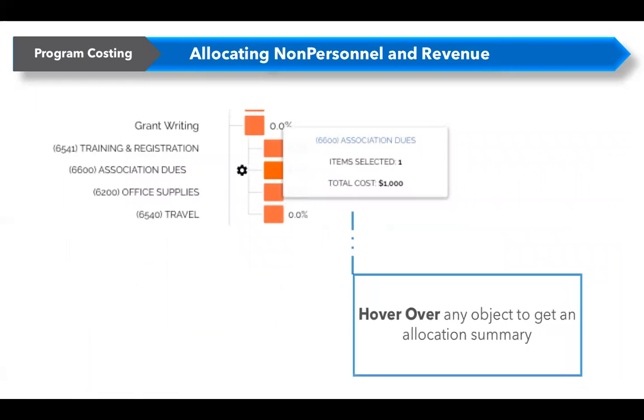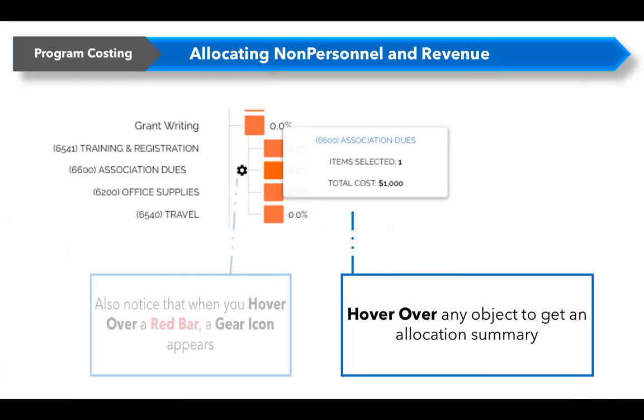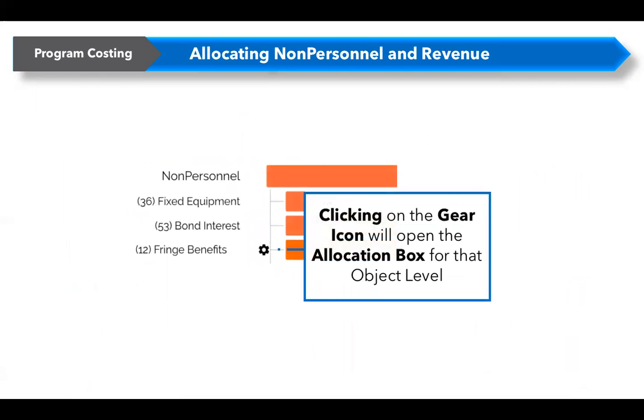Okay, so again, you can hover over any of those red bars to get a summary and to bring up that gear icon. Clicking on the gear is what's going to open up the allocation box. So if you have multiple line items under one object name or account name, then you're going to pull up multiple line items.